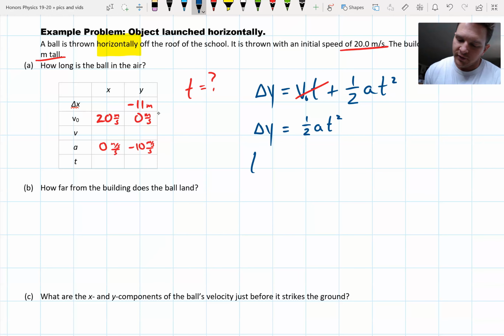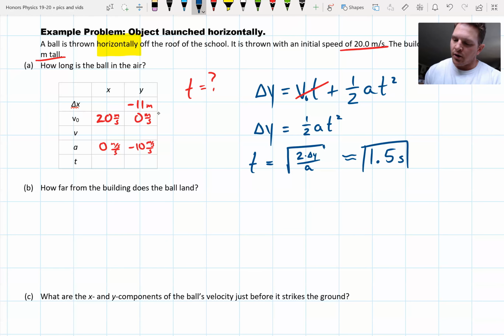I end up with t equals the square root of 2 times the displacement over a. When we plug in all of our numbers, that comes out to about 1.5 seconds. So 1.5 seconds can now go in both columns. Remember, time is the only thing that gets shared in the x and y direction.